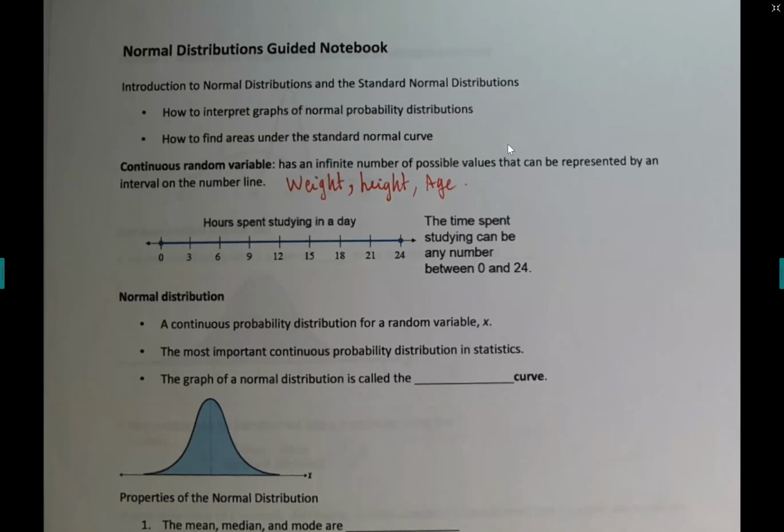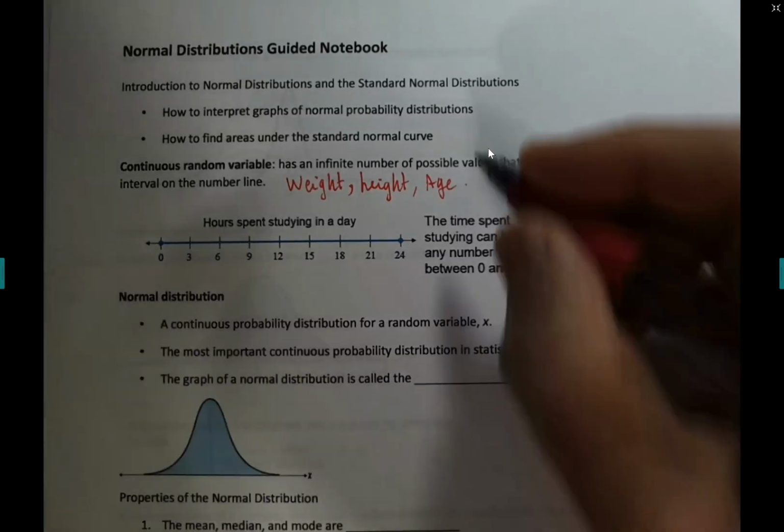Your temperature outside today is continuous. Although I checked before I came to the lesson, and it says it is -5 degrees, it is not exactly -5. Probably it's -4.9, but the screen that I'm looking at is rounded to the nearest whole number, so you wouldn't know that. So that is a continuous variable. So I'm going to just list it right there.